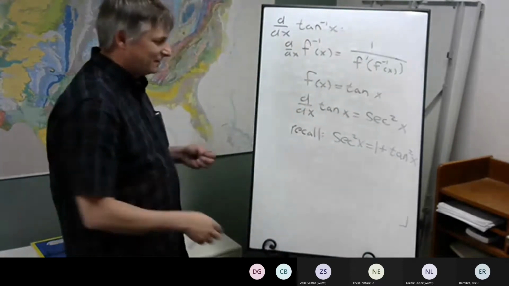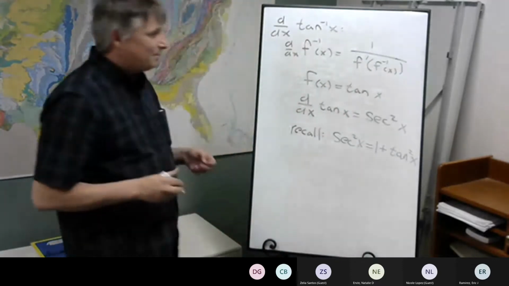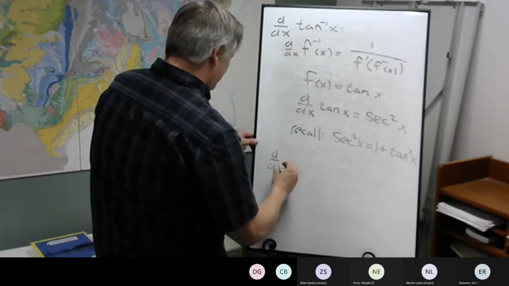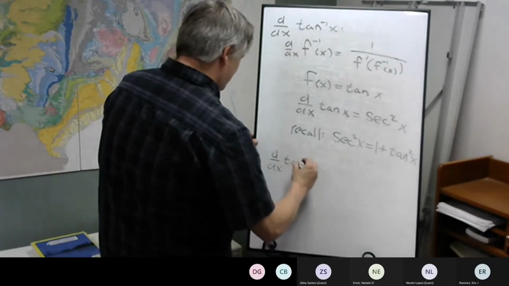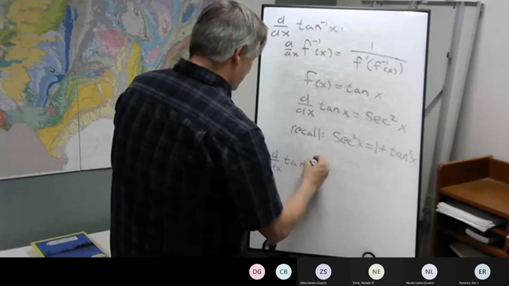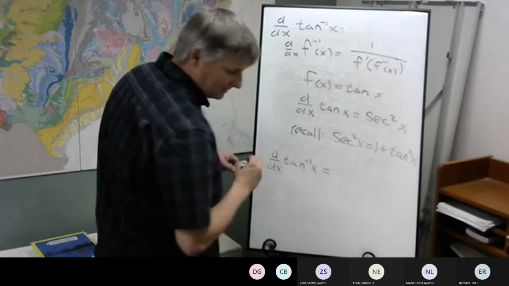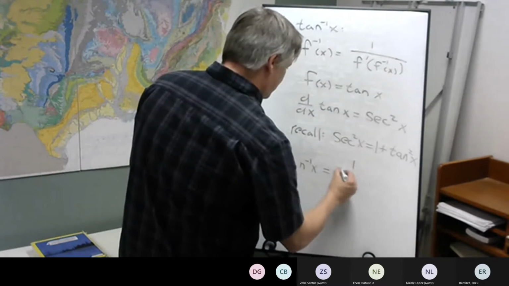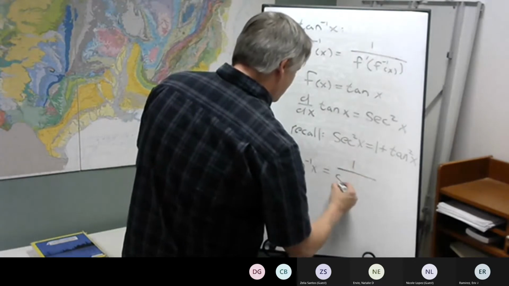All right. So that being the case, the derivative of tangent inverse of x is going to be equal to 1 over secant squared.